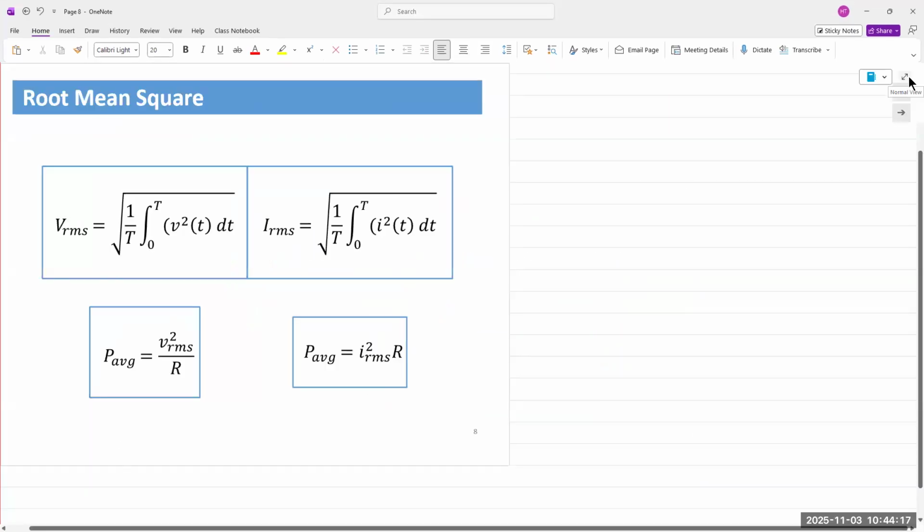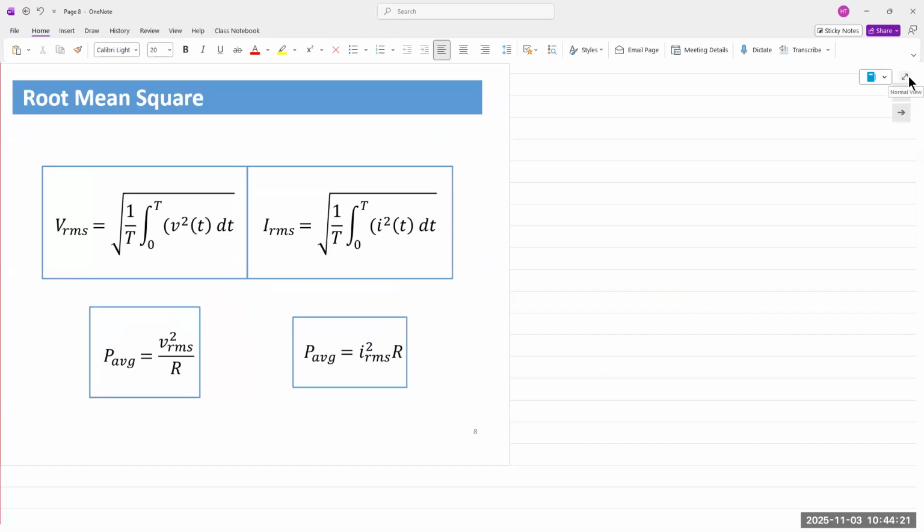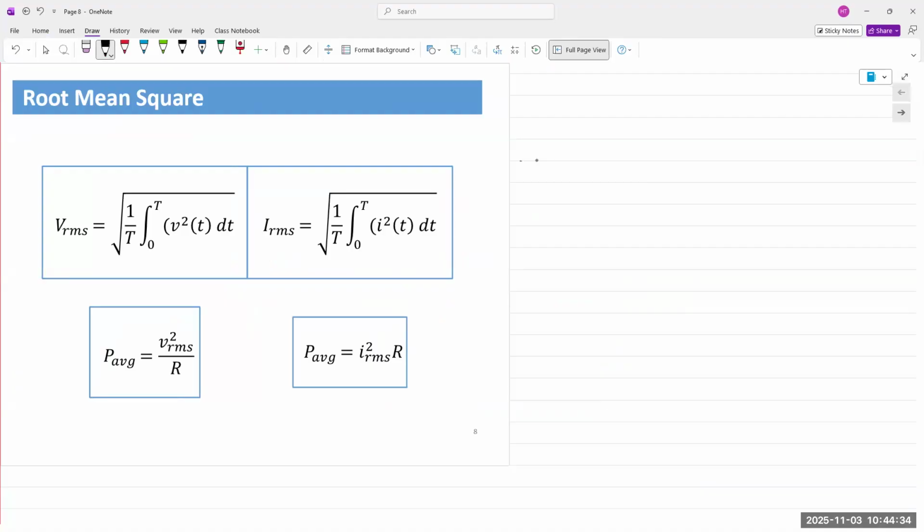So now let's talk about the values of these different quantities. For sine waves, or any kind of waveform that is symmetrical around the x-axis, meaning it has half its value above the x-axis and half below, what would be the average value for this waveform? If it's exactly half above and half below, it will be 0, right?